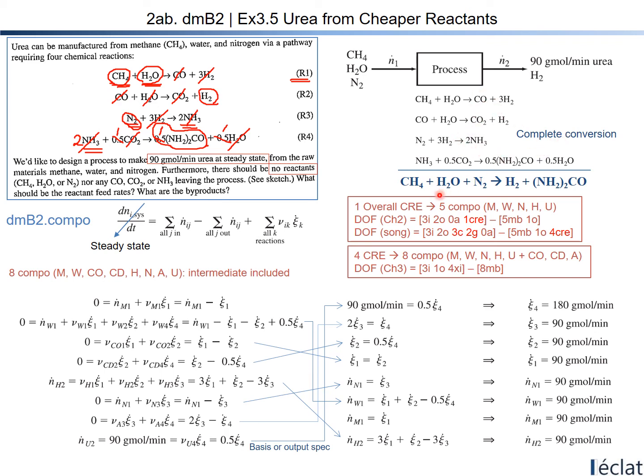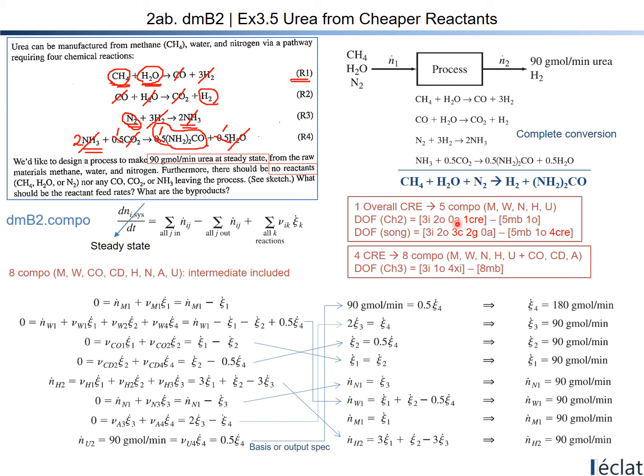Therefore, I will focus on the overall chemical reaction equation. In the case of considering the overall chemical reaction equation instead of all of the 4 chemical reaction equations, we don't need to think about the intermediates like carbon monoxide, carbon dioxide, and ammonia.